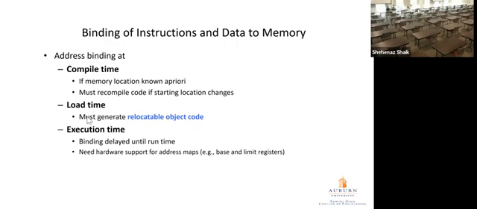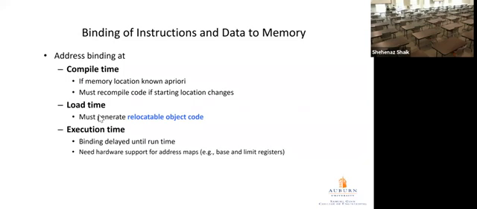Again, one of the limitations with this approach is that if the set of addresses allocated to the process are not sufficient, and there is a need for the process to grow beyond that, then again we need to reload the entire program starting from a different address. So that is one of the limitations with this particular approach.